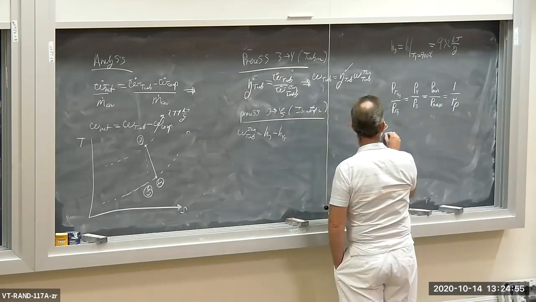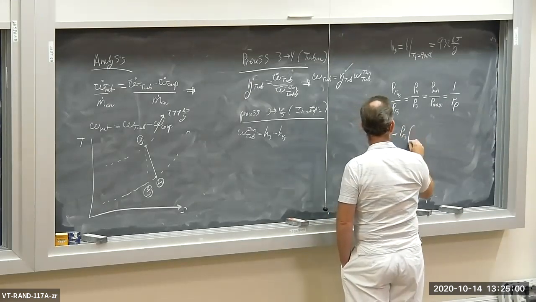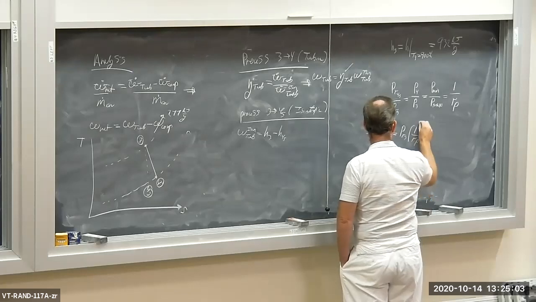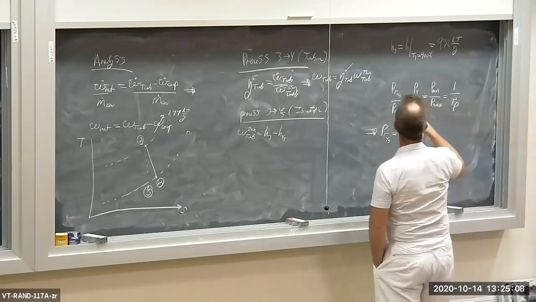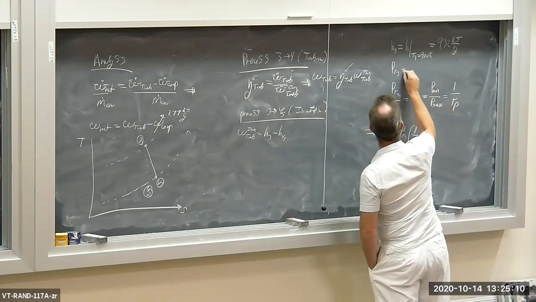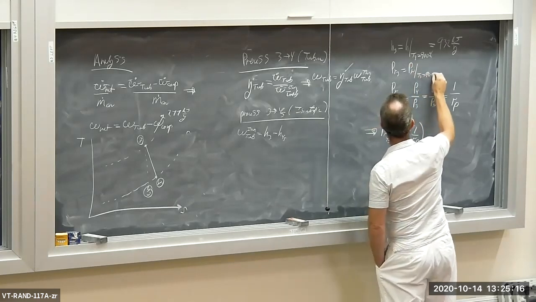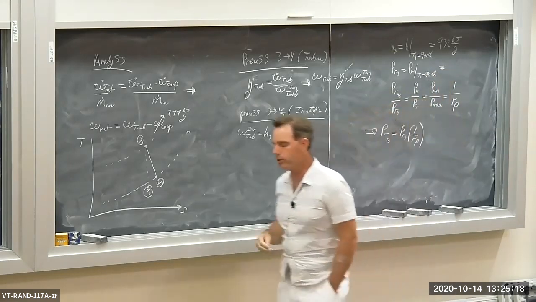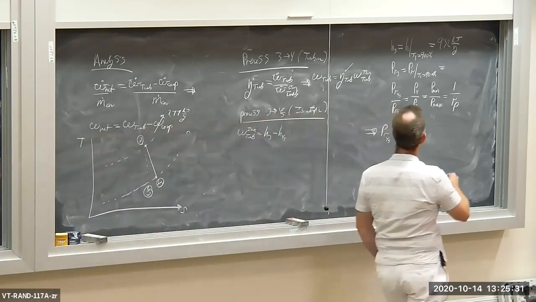So PR4s is equal to PR3 times 1 over the pressure ratio. What's PR3? PR3 is PR evaluated at T3, 900 degrees Kelvin. I can get that from a table: 75.3.